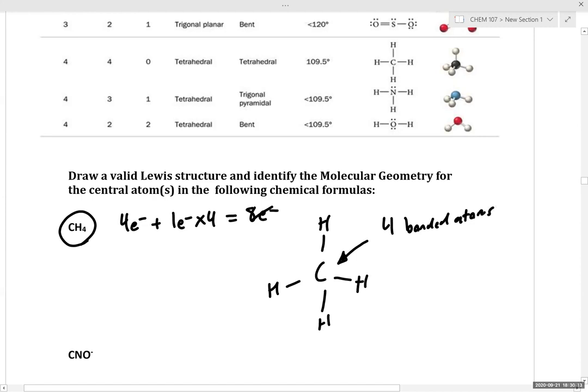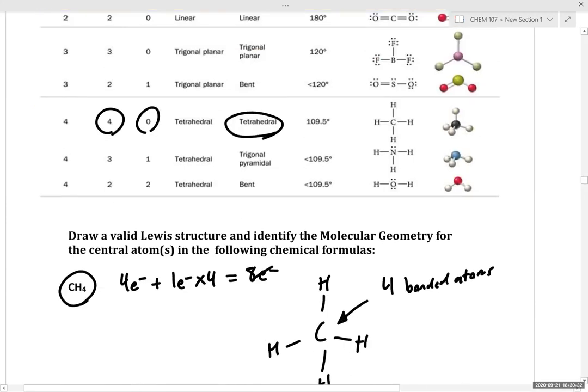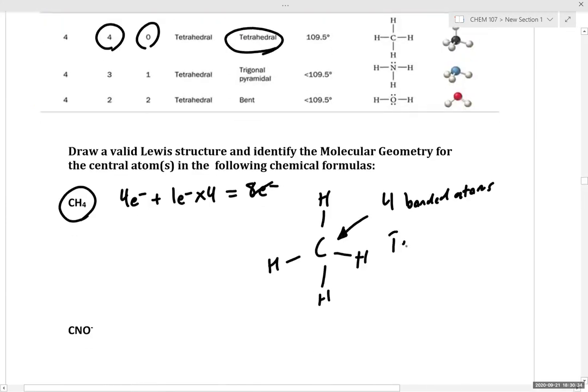So as a result, if I look at my table, what molecular geometry corresponds to 4 bonded atoms with 0 lone pairs? What geometry do I read off from my table? Tetrahedral? Yep, exactly right. Tetrahedral. So it has a tetrahedral geometry. And as a result, my bond angles are 109.5 degrees.